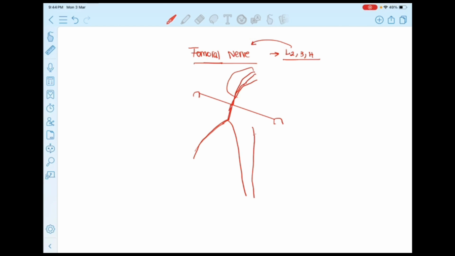We have the femoral vein, and intermediate between them, in the lateral compartment of the femoral sheath, is the femoral artery. And we know the femoral artery is basically a branch of the external iliac artery, which together with the internal iliac supply into the common iliac artery.